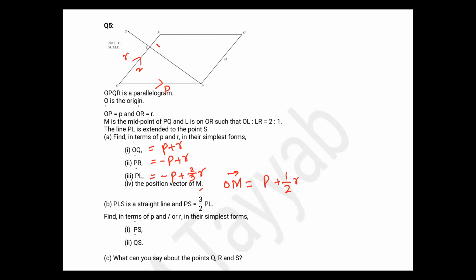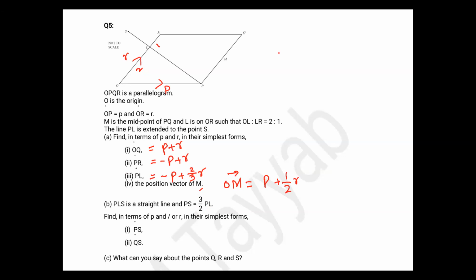Yes, Hajra, you are right. So there is no need to make any path for PS. We can directly find PS here. We are looking for PS and PS is given as 3/2 PL. Now we only need PL, and we already calculated PL in the third part. So just use that and we will get the vector PS.